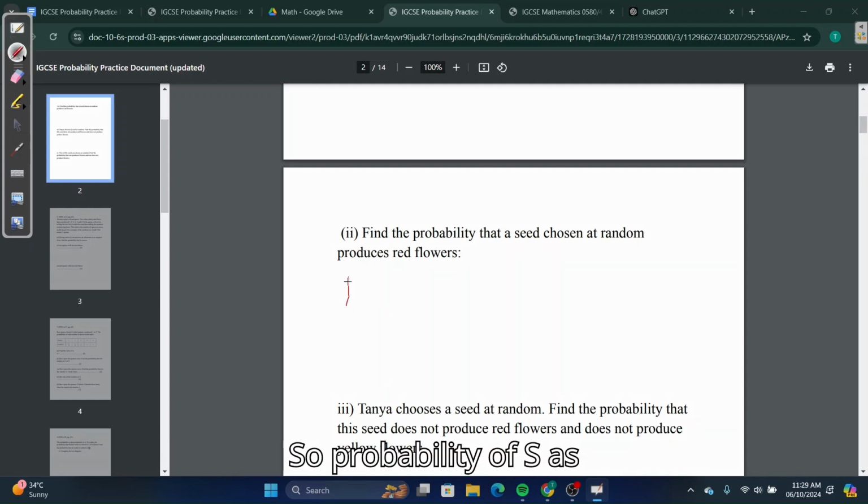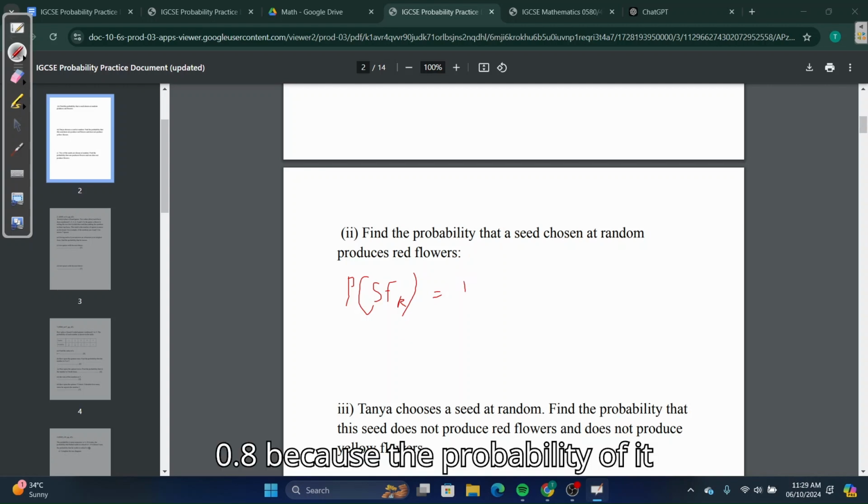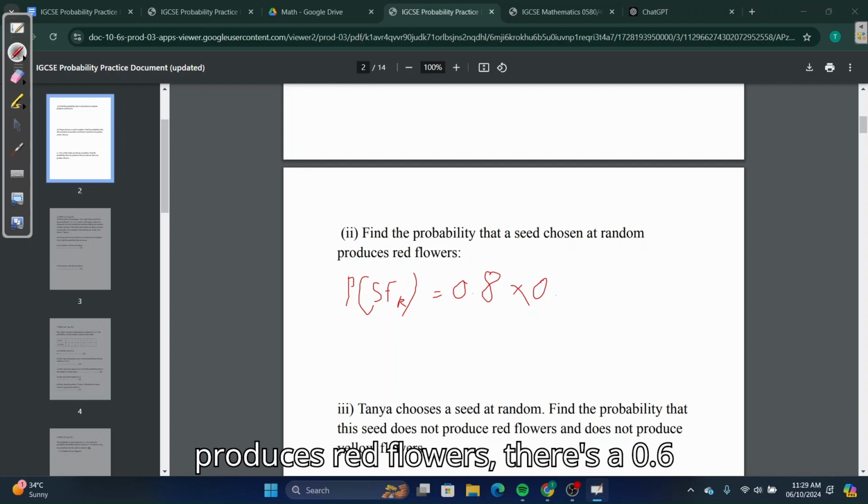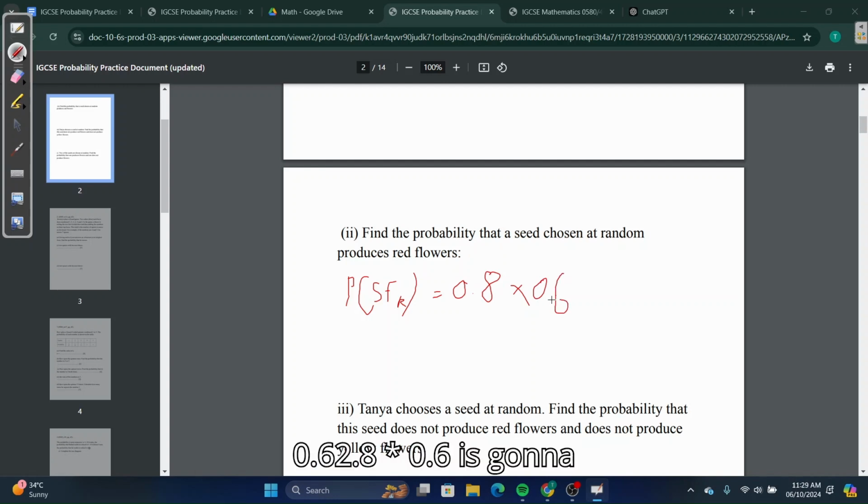So probability of S for seeds, red flowers, so FR equals 0.8, because the probability of it producing a flower is 0.8, multiplied by 0.6, because if it produces flowers, there's a 0.6 probability of them being red. 0.8 times 0.6 is going to be 0.48.